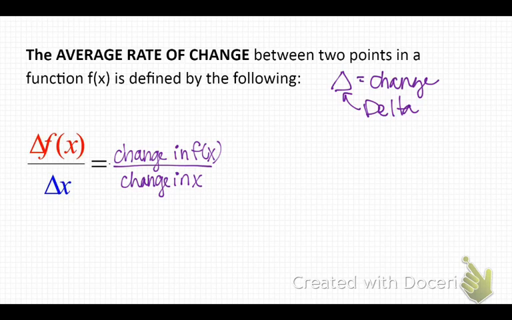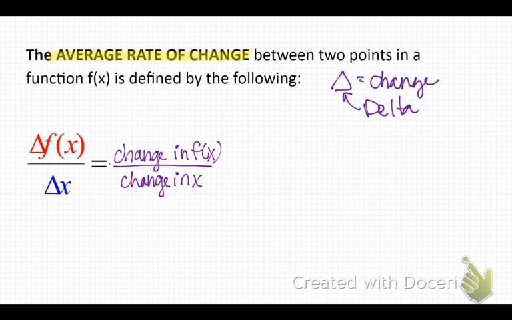So every time you see it, I want you to think of pretty much one thing. What do you think average rate of change means? Kind of going up and down on the graph, maybe. It's the rate at which you change. So it's the average rate that you're changing at, okay?